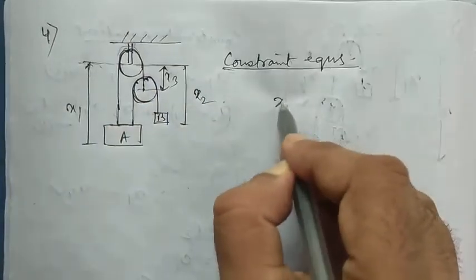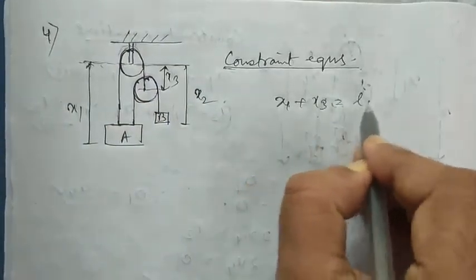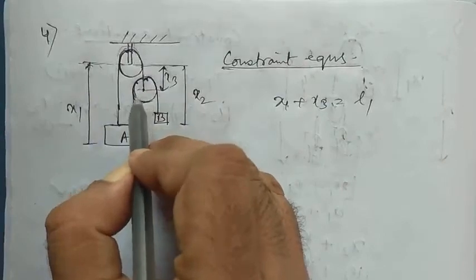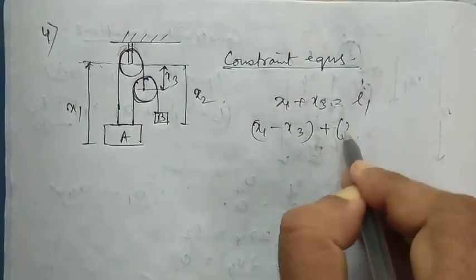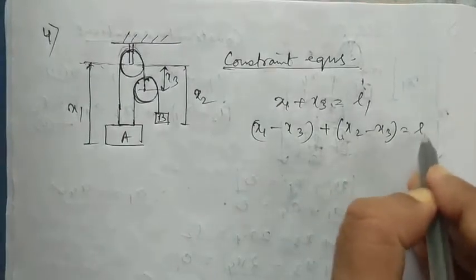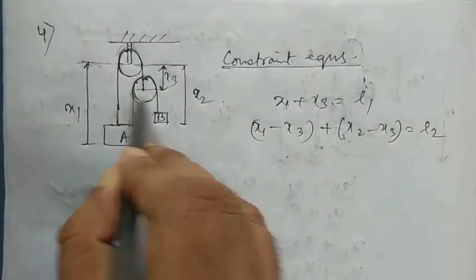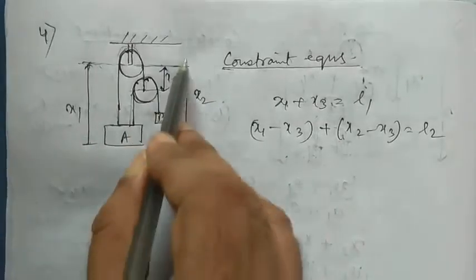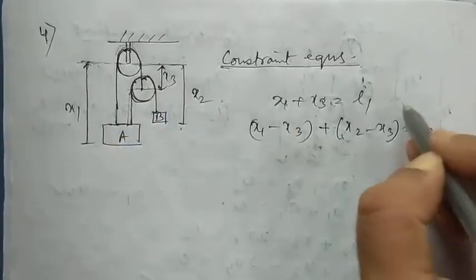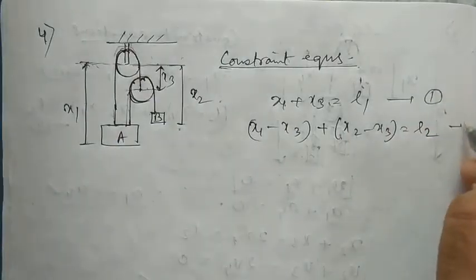Again we write x1 plus x3 is equal to L1, the length of this first string, and another one is x1 minus x3 plus x2 minus x3 is equal to L2. This is x1 minus x3 and this part is x2 minus x3. First equation, second equation.